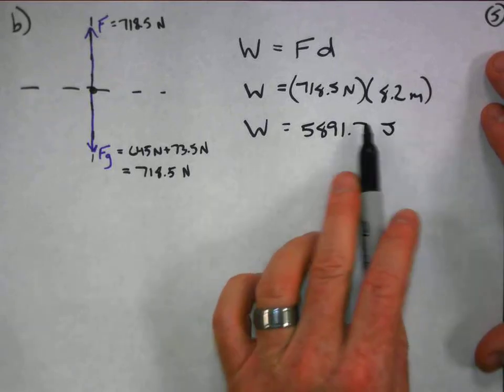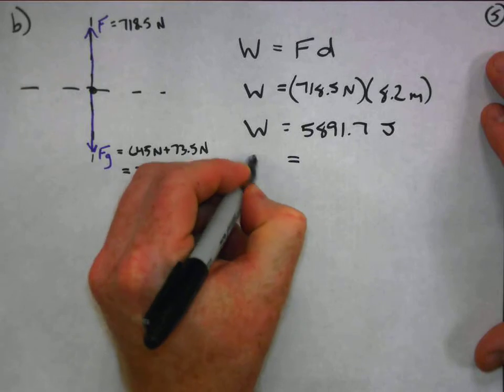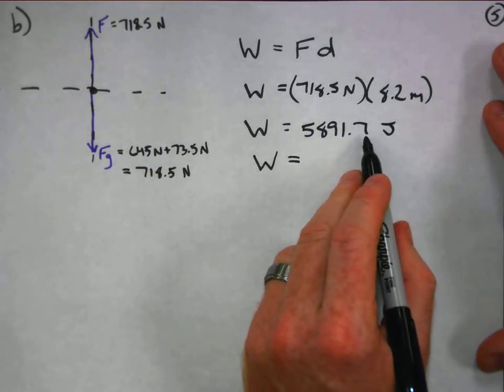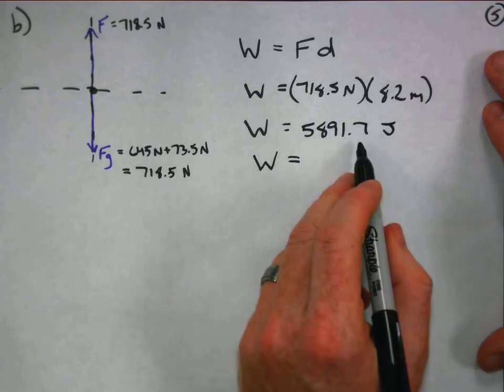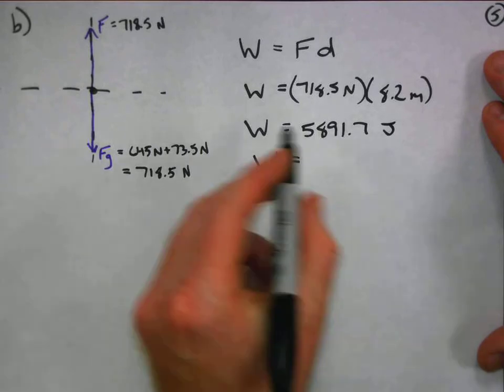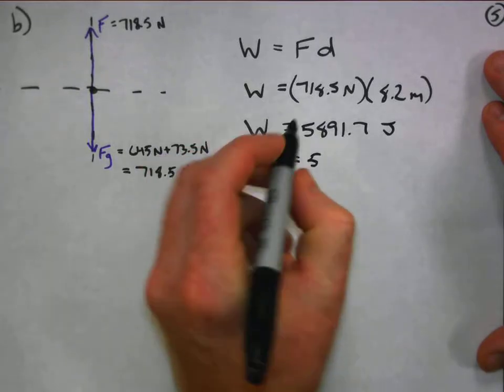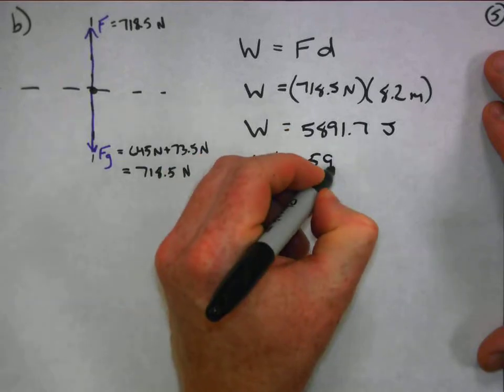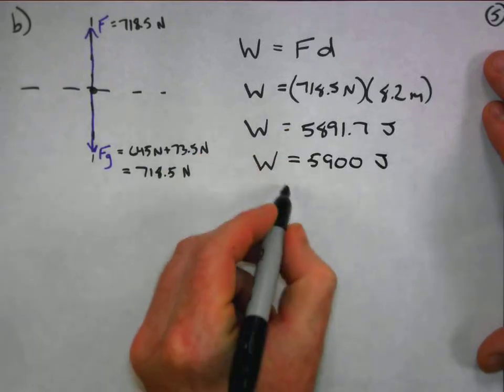So I really want to round this a little bit, just because I don't know the 1 or the 0.7 that accurately, since I didn't know the other numbers that accurately to that many sig figs. So really, I can call this 5,900 joules.